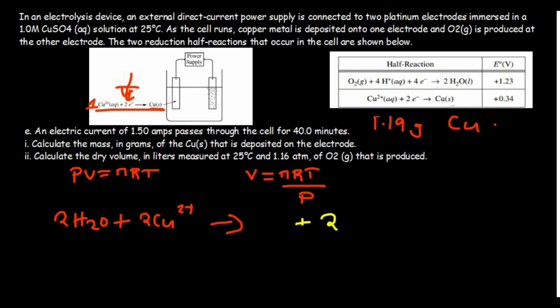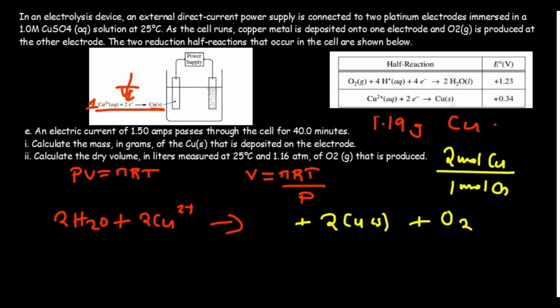So we had copper solid plus what? Oxygen gas. So these are in the ratio of 2 to 1. So per every 2 moles of copper being produced, there is a single mole of oxygen being produced. Take note of that. That's according to the balanced equation for the entire reaction.